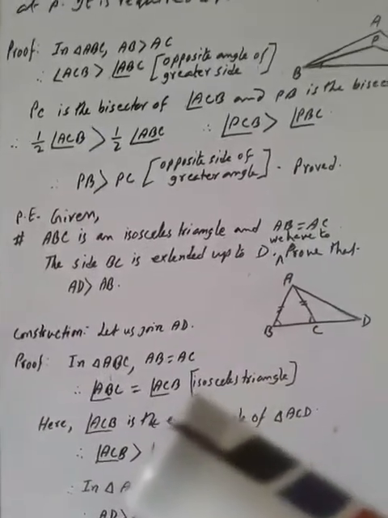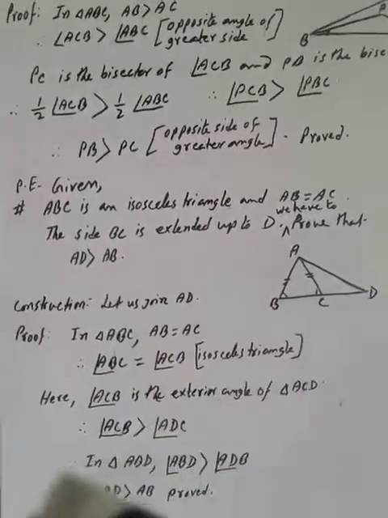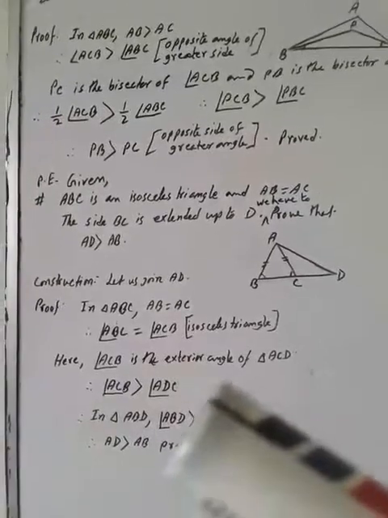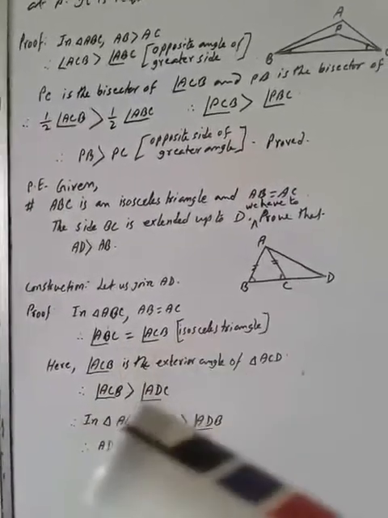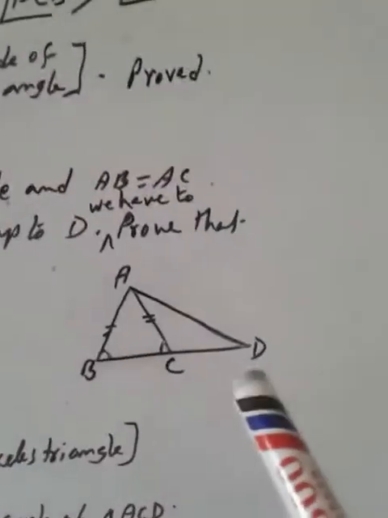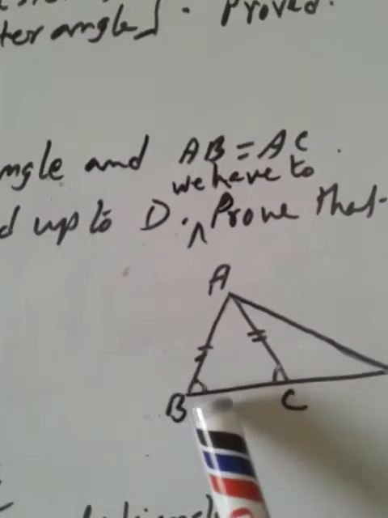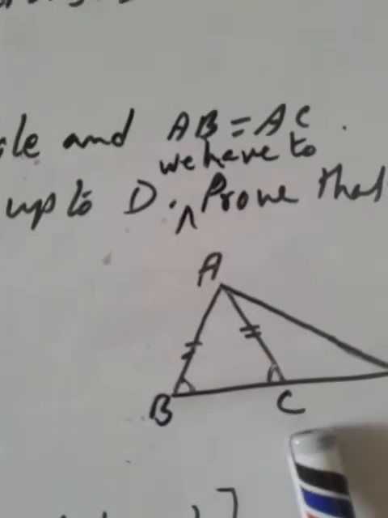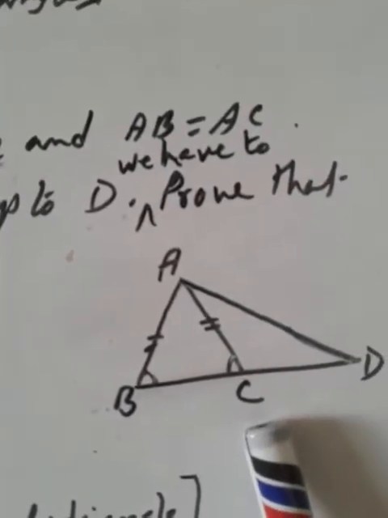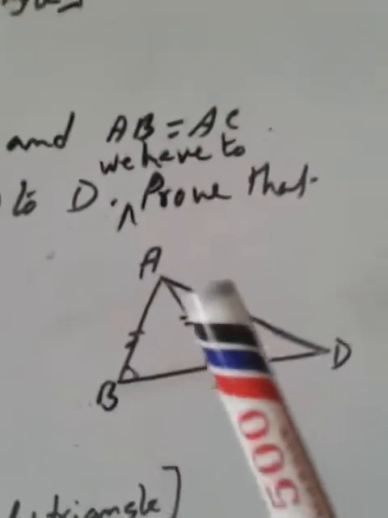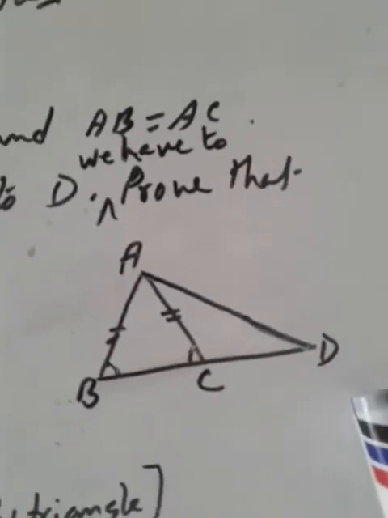Now we have to prove how. Here is written. I will read this later. First see here, AB equals AC. Therefore angle ABC equals angle ACB, isosceles triangle. And AD is joined.